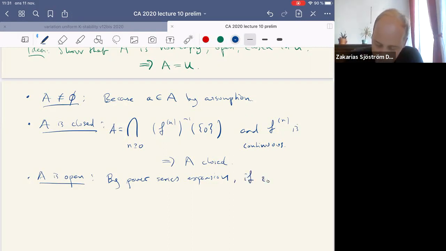So we assume that Z0 is some point in this set A. So not necessarily this small a that we started with, but we take any Z0 here. So then we can expand as a power series in the following way.